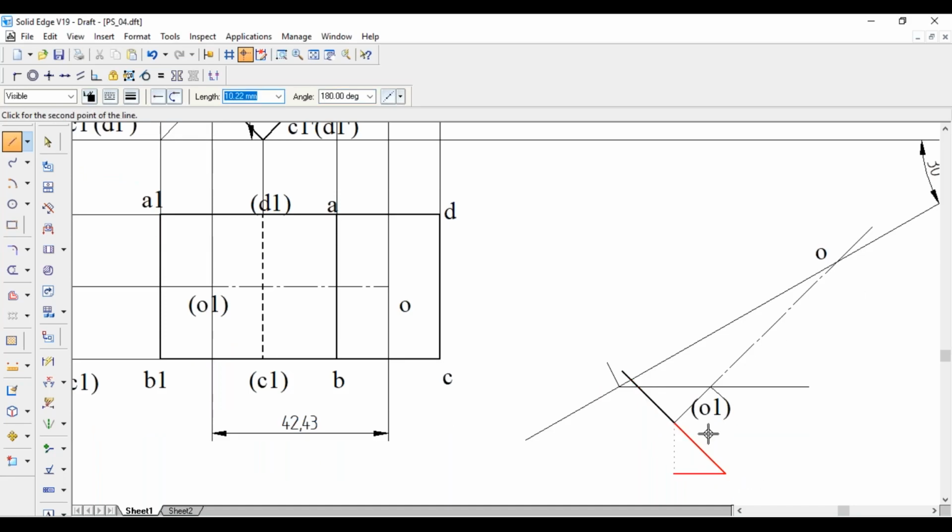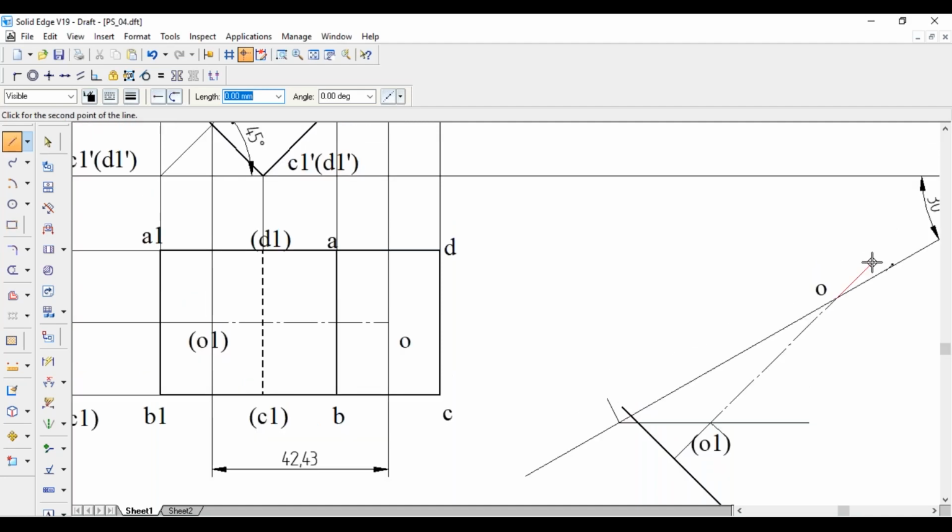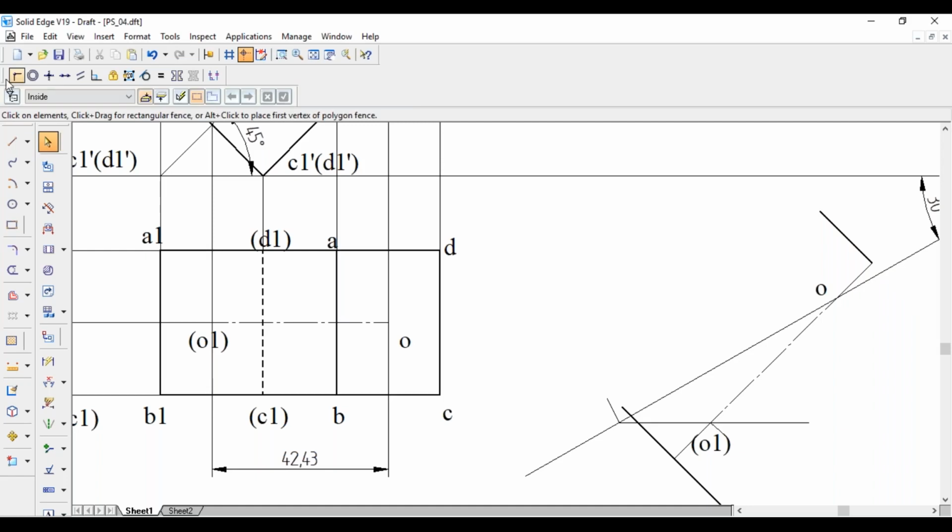Similarly from this point, perpendicular to this line, 17.5 mm, and below also 17.5 mm.